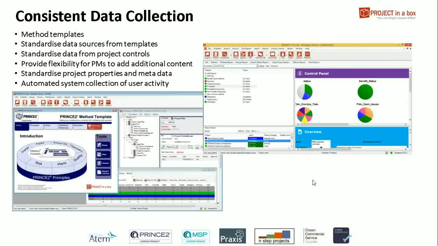And then we're standardizing the properties and metadata. So we're working quite hard here to tie down things. And as an organization, you'll have to work out what you want from your reporting and what you want people to be contributing. And we're collating user activity automatically behind the scenes. But that's really tightening up where the data is coming from, how it's structured, and how it's available for use.